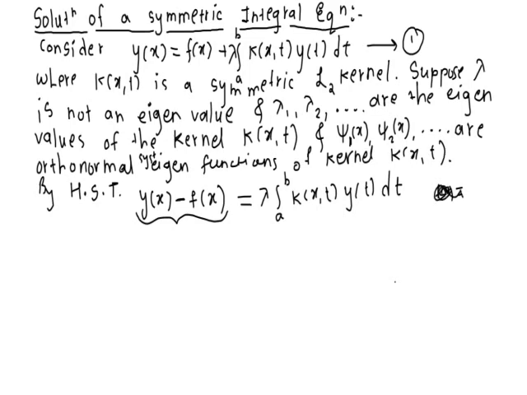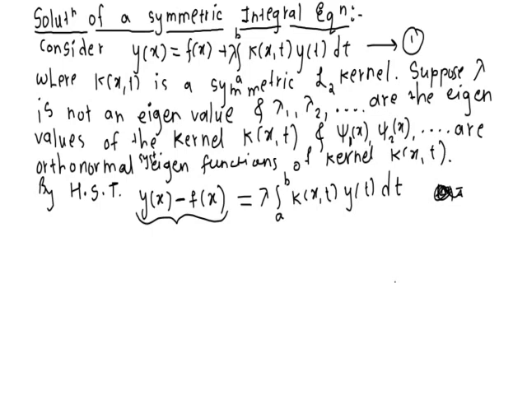In this case our LHS is not only f of x, it is this function of x, which looks like y of x minus f of x. We can call it some xi of x. So this is of this form, and this is an L2 kernel, and therefore it satisfies all the Hilbert-Schmidt theorem conditions.